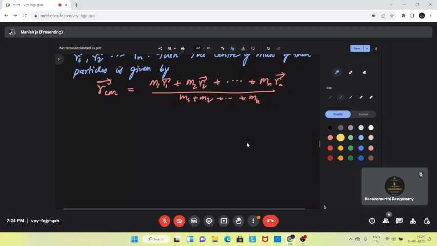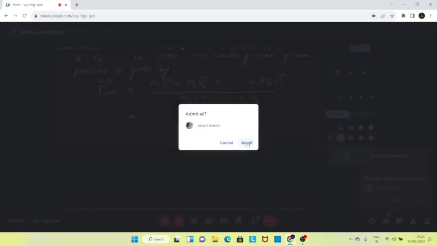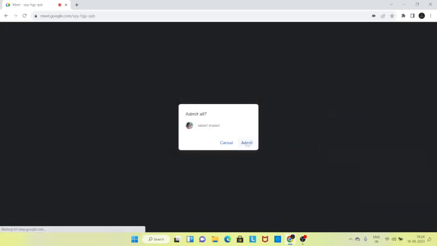So now we can generalize this using sigma. Sigma is the summation operator. So using the summation operator we can write sigma i is equal to 1 to n of mi ri bar, that's your position vector, upon sigma mi, which is the total mass, with i again from 1 to n.